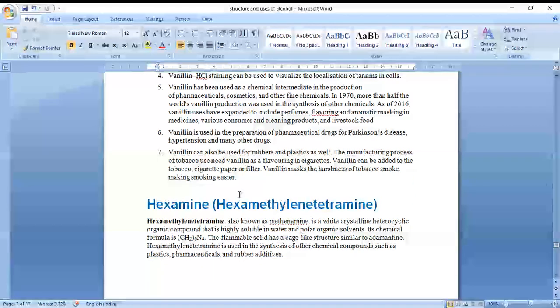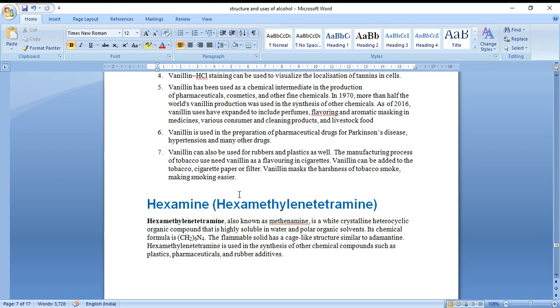Vanillin can also be used for rubbers and plastics. The manufacturing process of tobacco uses vanillin as a flavoring in cigarettes. Why can it be used as a flavoring agent? Because it masks the harshness of the tobacco smoke and makes smoking easier.